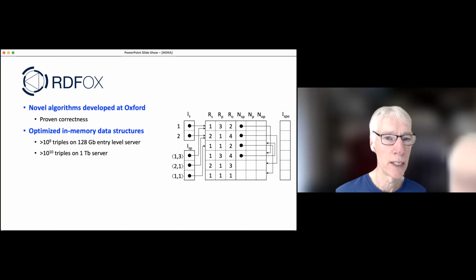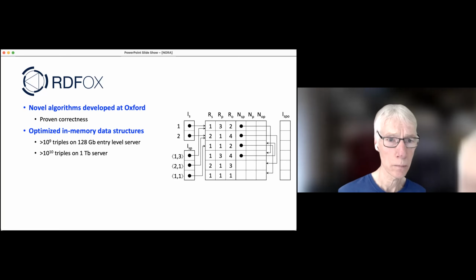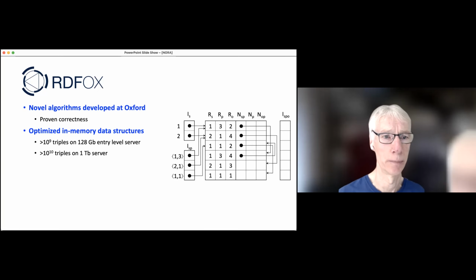And in order to do this efficiently, you need to store the triples in a data structure that allows it to be accessed in different orders, for example, in subject order or in object order. And you also need indices that allow you to jump into one of these orderings at some particular point.